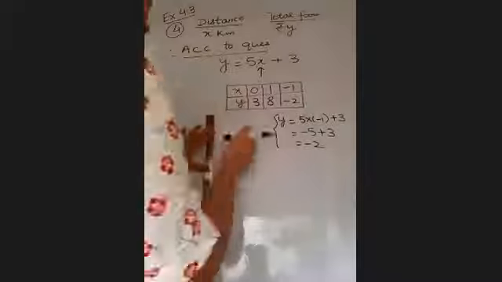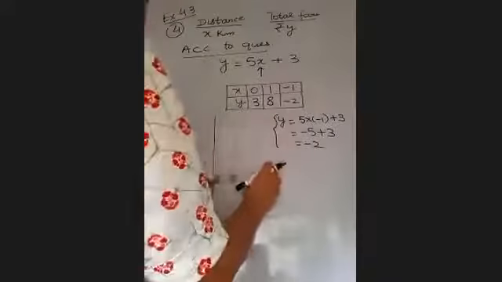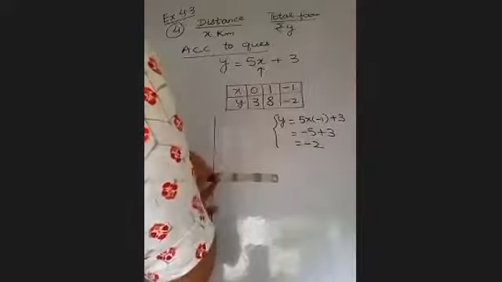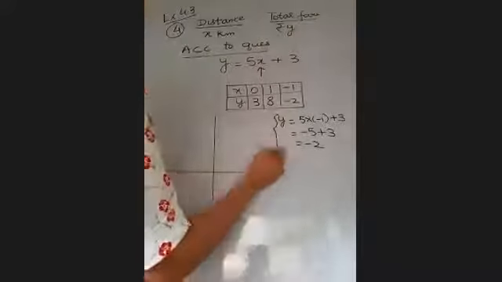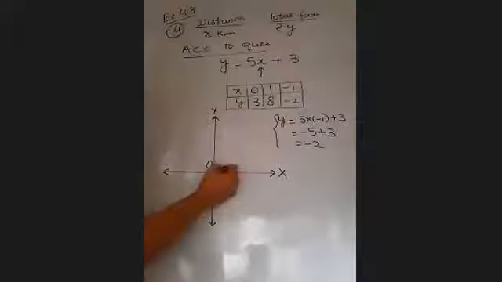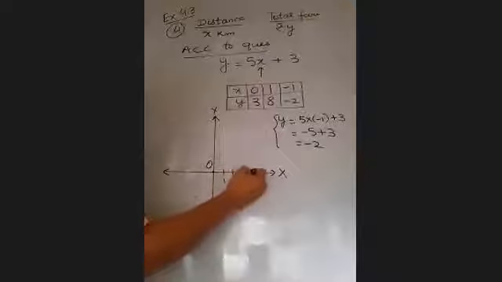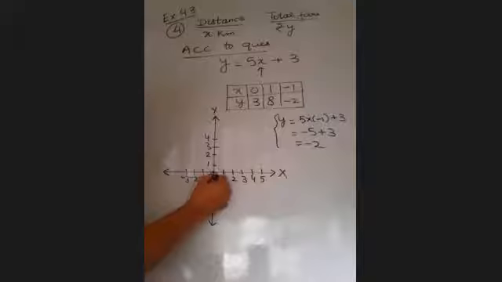Let's do that. The question is asking us to plot the graph. X, Y, 1, 2, 3, 4, 5, and minus 1, minus 2, minus 3 on the axes.